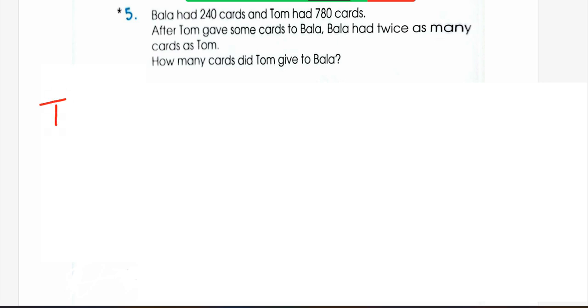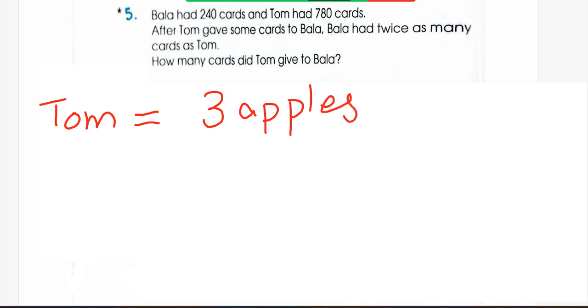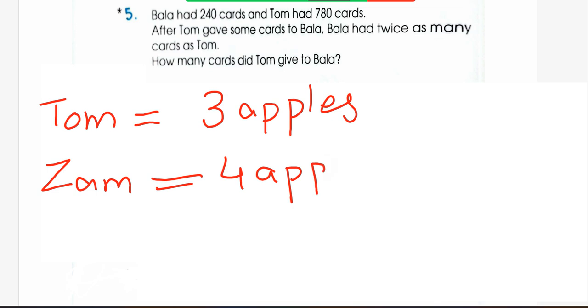If Tom has 3 apples and Zam has 4 apples, and then Tom gives 1 apple to Zam, then Tom will have 2 apples left and Zam will have 5 apples.